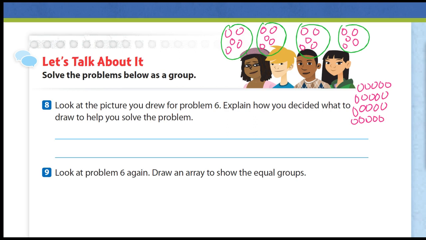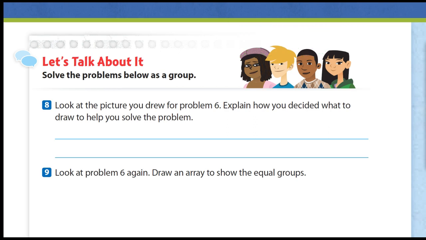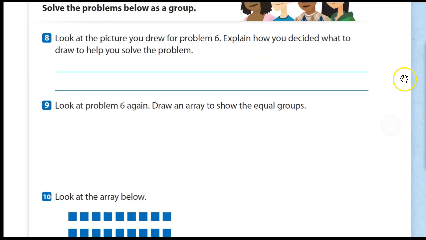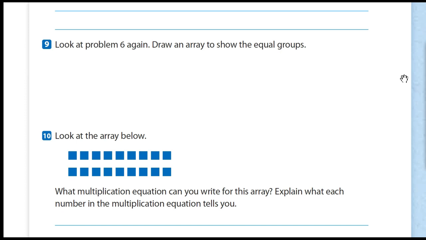Okay, now look at number 9 and see what it says. Number 9 says, look at problem 6 again, then draw an array. So now I have to draw an array to show the equal parts. It says that I have 4 trees. How many rows am I going to need? 4. 1, 2, 3, 4.